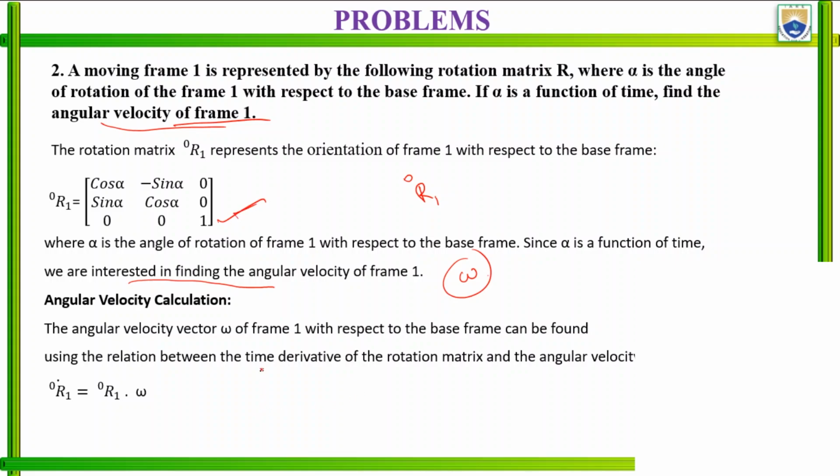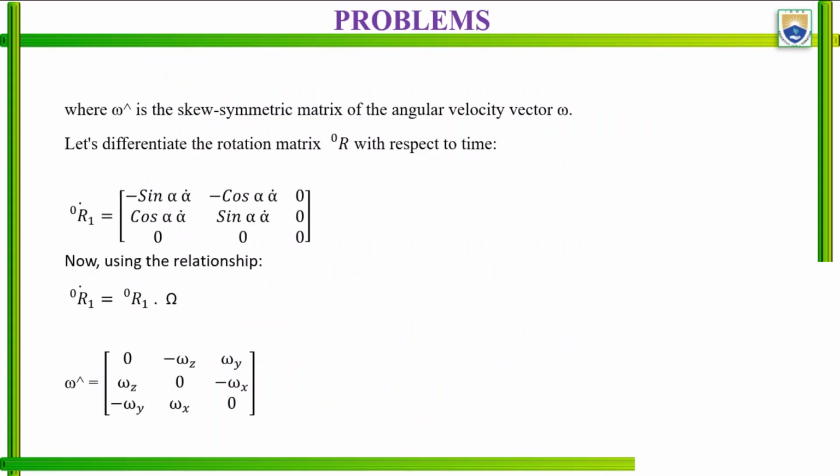Now, with respect to the angular velocity, the derivative of the rotation matrix will be taken as R1 0 dot equals R1 0 into omega. This is how we write the problem with respect to the angular velocity.